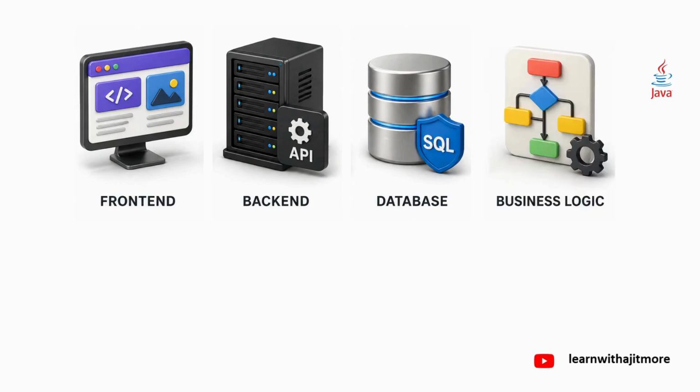And the fourth part is business logic. Business logic is implemented in the backend, but that business logic also has to be decided. Business logic means the rules. If you take an e-commerce platform, business logic will be what the offers and promo codes are, how the discounts are to be given, what the calculations will be.